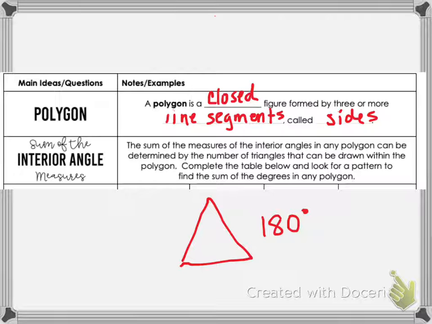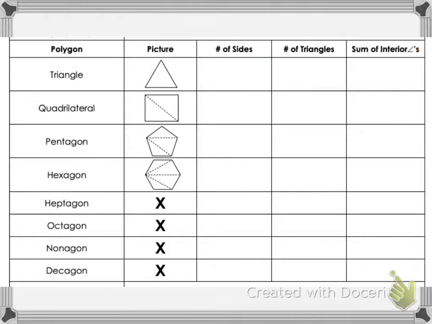All right? So let's look at some polygons. We'll start with a triangle that's got 3 sides, and there's 1 triangle in there. So the sum of the interior angles is 180 degrees.